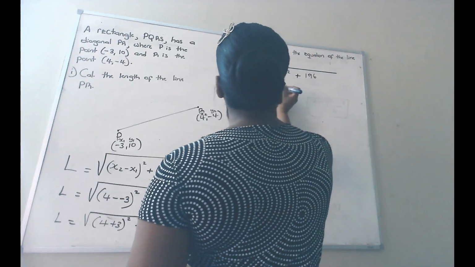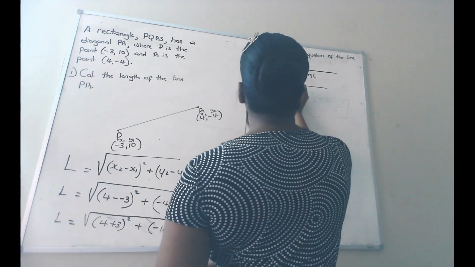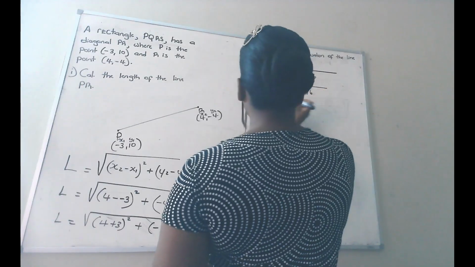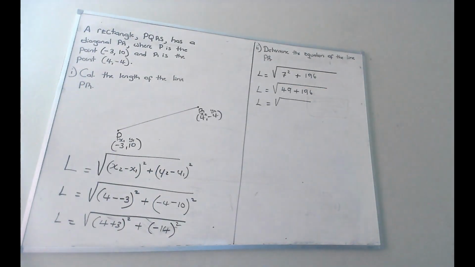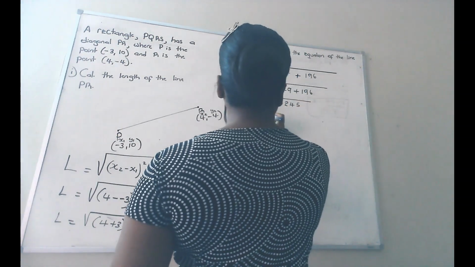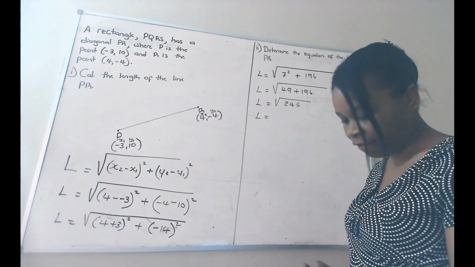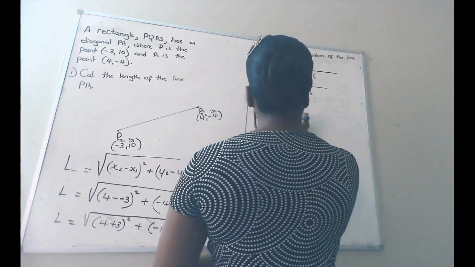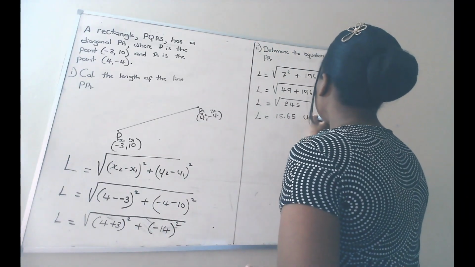So L is equal to 7 squared is 49. So 49 plus 196, that is equal to 245. So L is equal to, what is the square root of 245? 15.65. And we're going to put units.